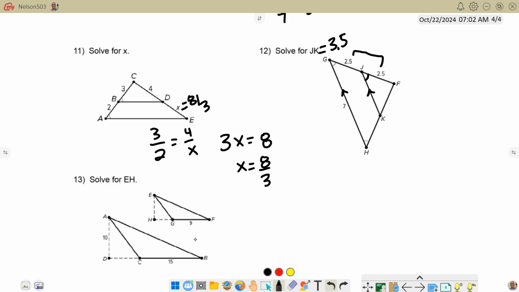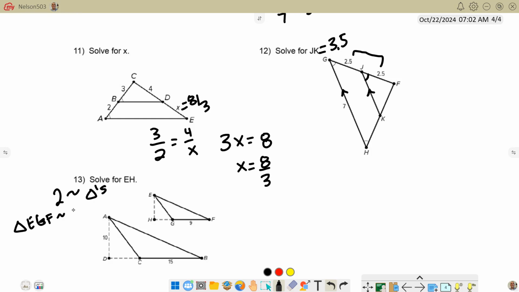Number 13, all corresponding parts in similar triangles are in the same ratio. So really we should say here's two similar triangles, and they probably should have given, like, EGF is similar to ACB. That's probably the given information, right? So I'm going to check my test and make sure I've got that.